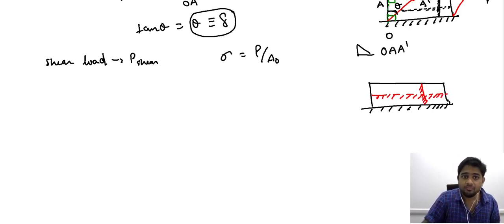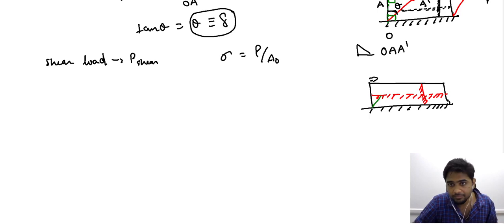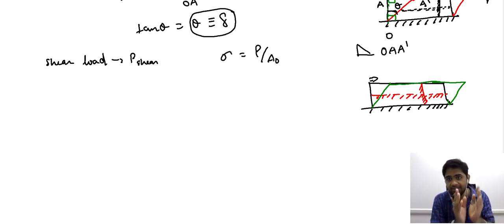Now when you impose the shear load, the deformation is of this sort. So what we observe is a response of this sort. For this response, this cross-sectional area offers no resistance, or the resistance offered by this cross-sectional area is rather minimal, because all this cross-sectional area is doing is just inclining.